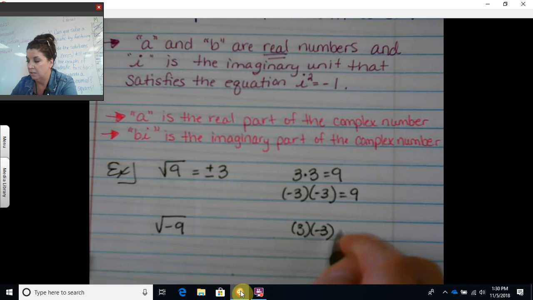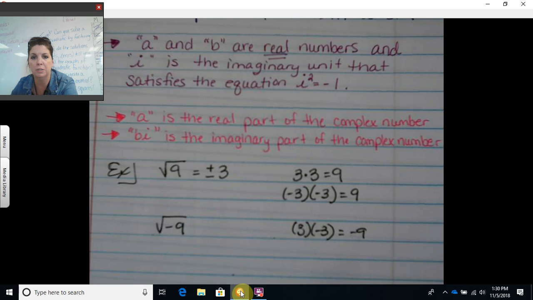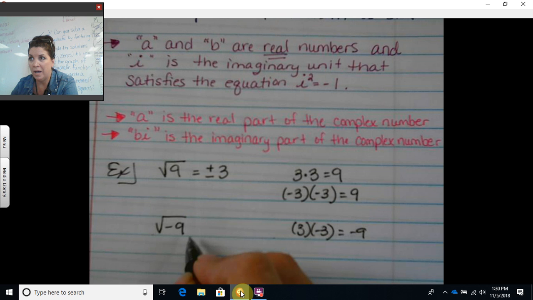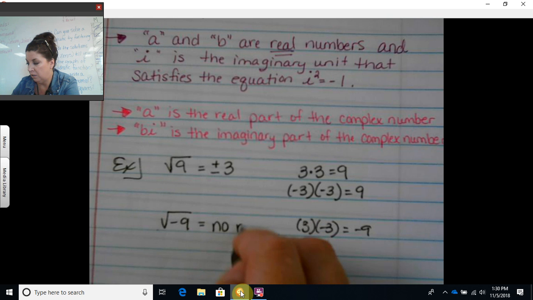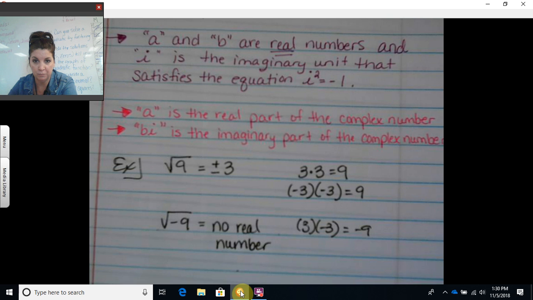Well, that's true, but when you take the square root of a number, isn't it supposed to be two identical factors? That is not two identical factors, right? And so there's no possible way to multiply two identical numbers together and get a negative. So up until this point, we say no real number, or we say undefined, until today.